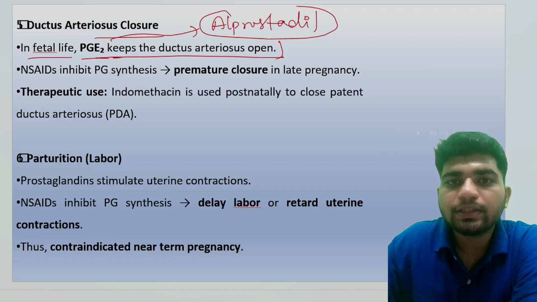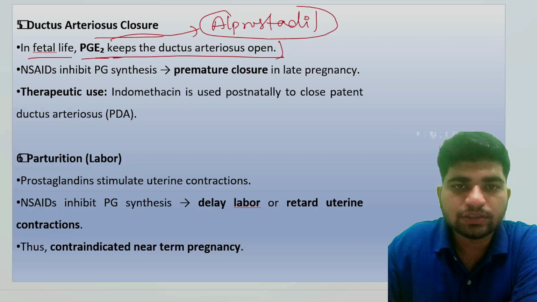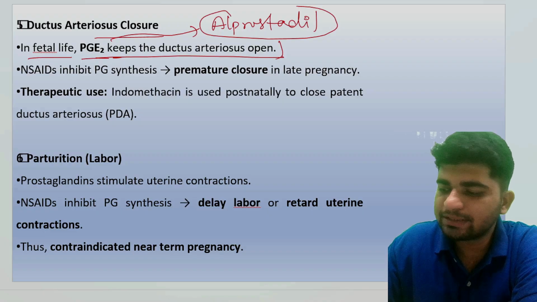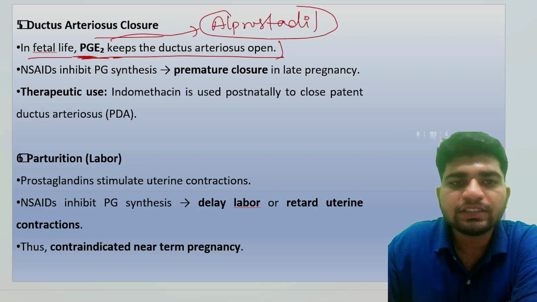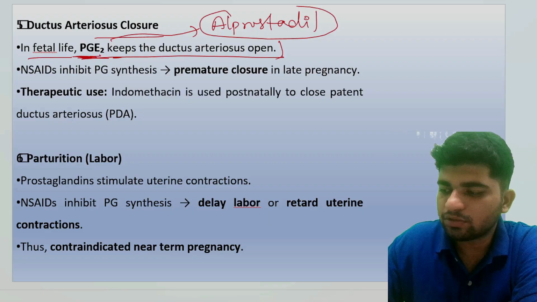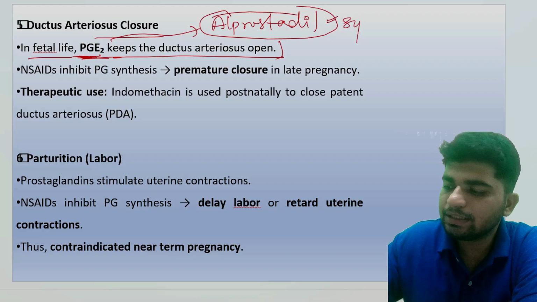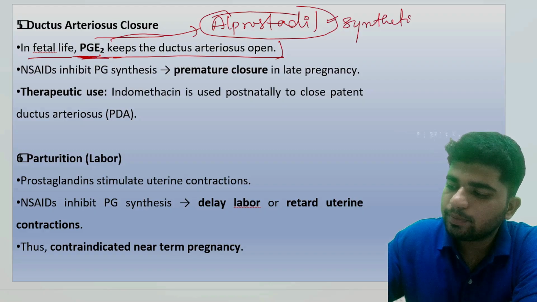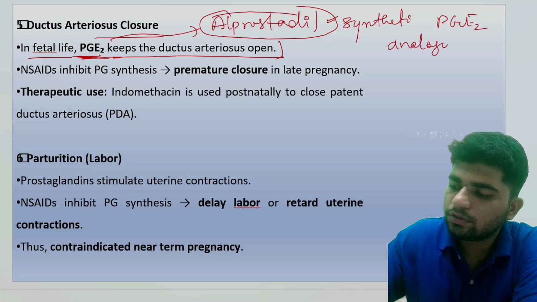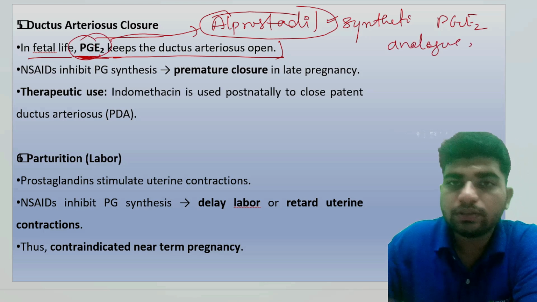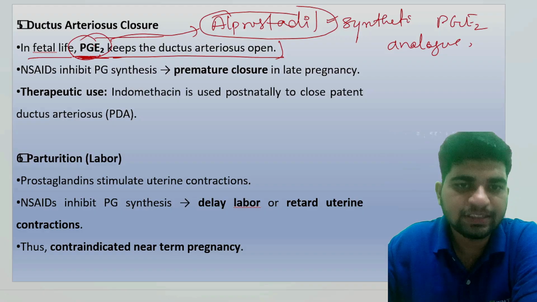That's why the ductus arteriosus stays open during pregnancy. That is PGE2, which is synthesized internally inside the body. Alprostadil is not PGE2; it is a synthetic PGE2 analog. PGE2, which is natural and synthesized inside the body, keeps the ductus arteriosus open.